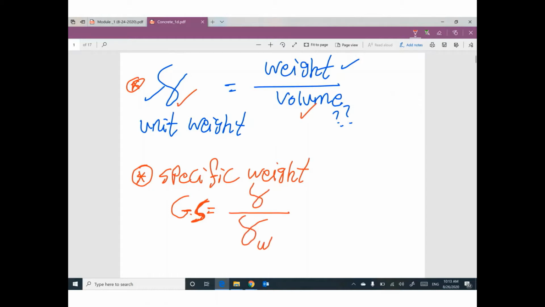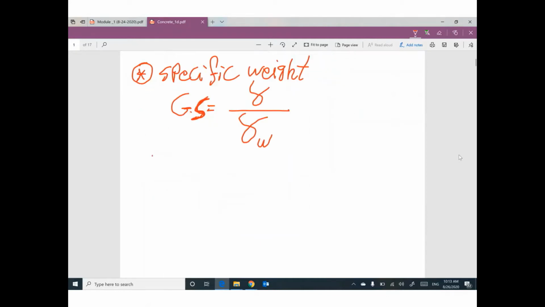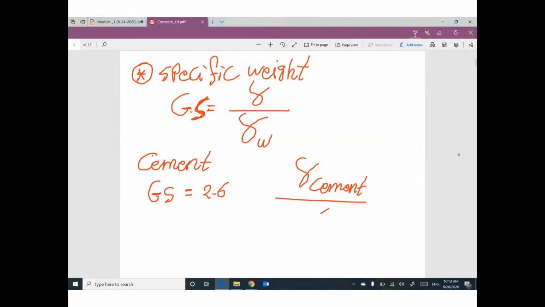So if I tell you for cement Gs, specific gravity, equals 2.6, what is the meaning? It's dimensionless, we don't have units. What is the meaning of 2.6? It means gamma for cement divided by gamma for water equals 2.6. You got it? So specific gravity Gs equals gamma for any material divided by gamma water.